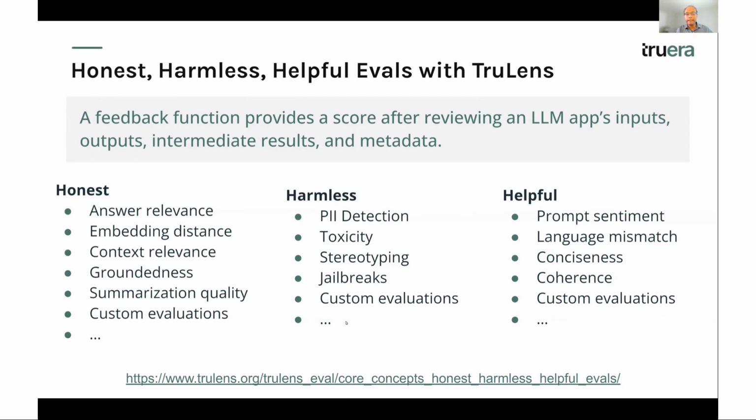One other interesting thing here is custom evaluation. It's quite easy for you to add your own evaluations to the TruLens framework, and we find users doing that quite often. There's this abstraction of an evaluation or feedback function that we introduced, which involves providing a score after reviewing an LLM app's inputs, outputs, intermediate results, and metadata.